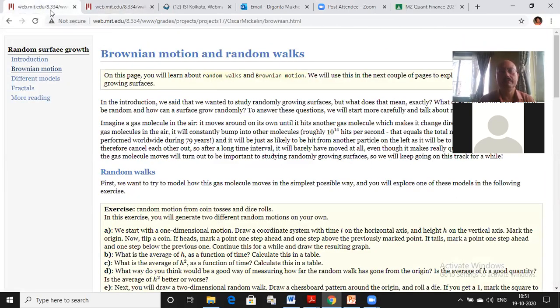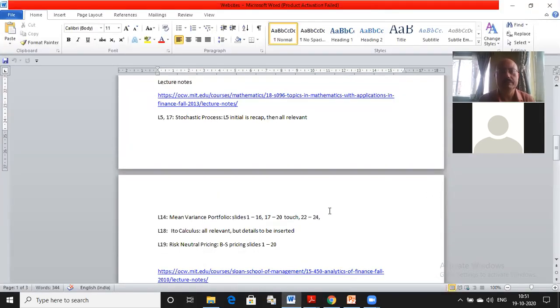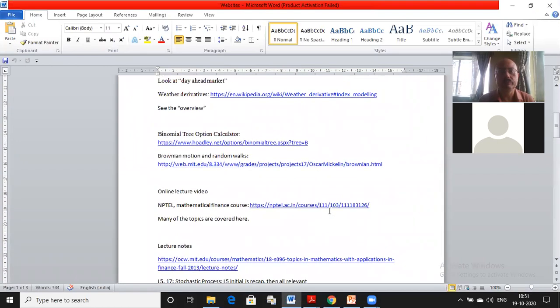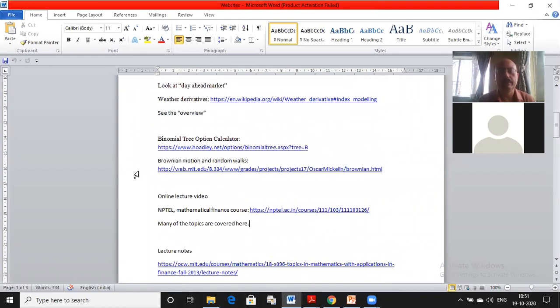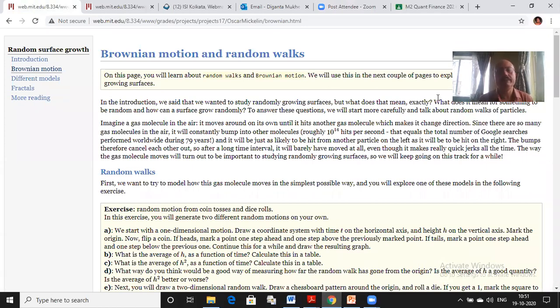So this is again the Brownian motion simulator, and the link I have already shared with you in the website's page. In the website's page, if you can see this one, here I have this Brownian motion and random walk simulator, which I have opened on my browser. And here you will get some background.